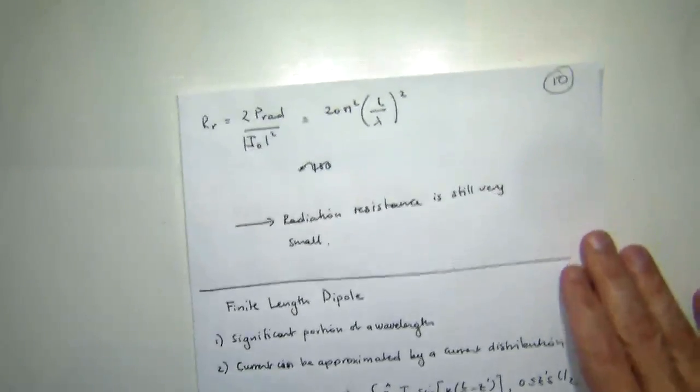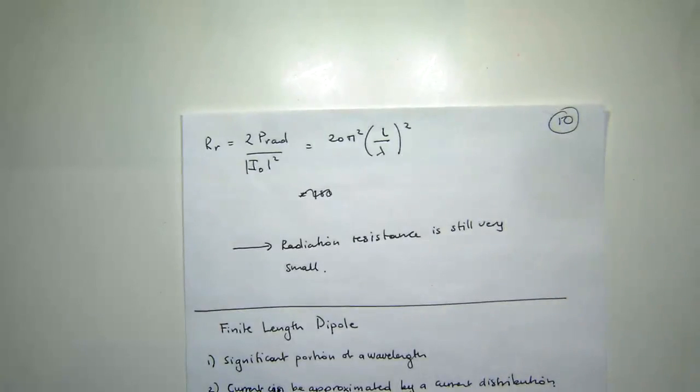And then after a little bit of mathematics, we also determined the radiation resistance for this particular structure, the small dipole. And we found that the radiation resistance was 4 times that of an infinitesimal dipole. Okay.